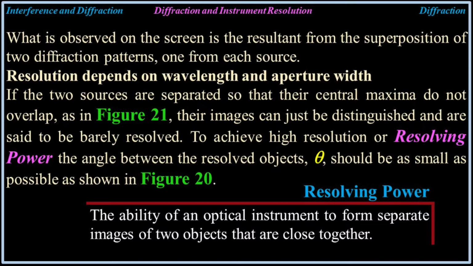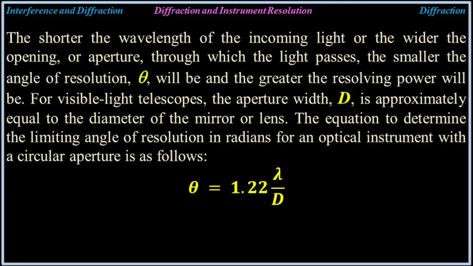Resolving power is the ability of an optical instrument to form separate images of two objects that are close together. Look back at figures 21 and 20 and see if what is written here is understood there.